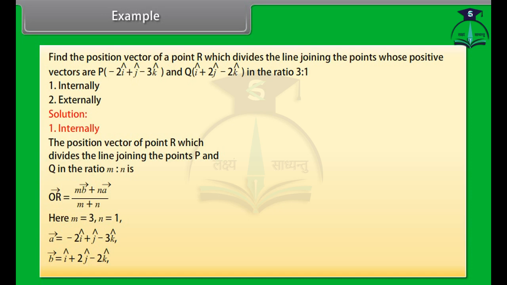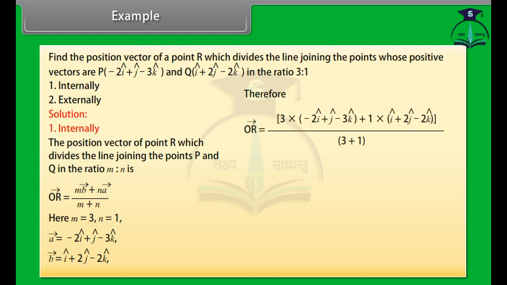Vector B equals cap i plus 2 cap j minus 2 cap k. Therefore, vector OR equals (3 into (minus 2 cap i plus cap j minus 3 cap k) plus 1 into (cap i plus 2 cap j minus 2 cap k)) by (3 plus 1) equals (minus 5 cap i plus 5 cap j minus 11 cap k) by 4, which is equal to minus 5 cap i by 4 plus 5 cap j by 4 minus 11 cap k by 4.